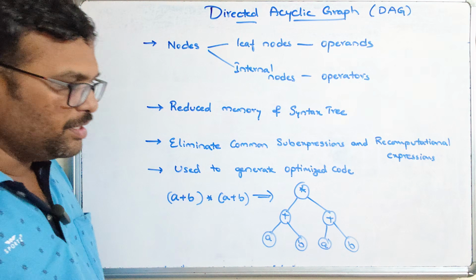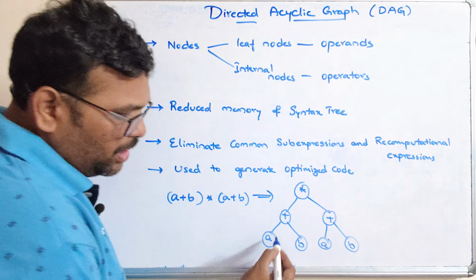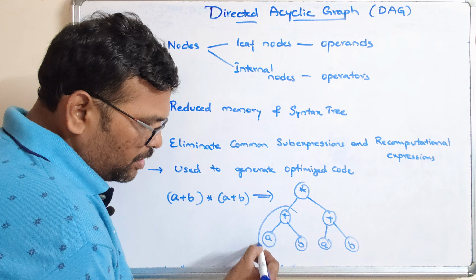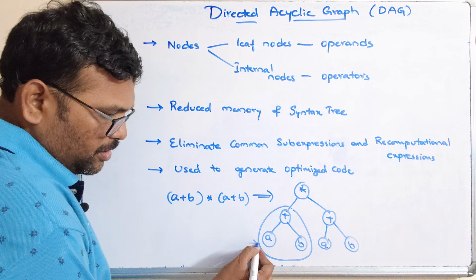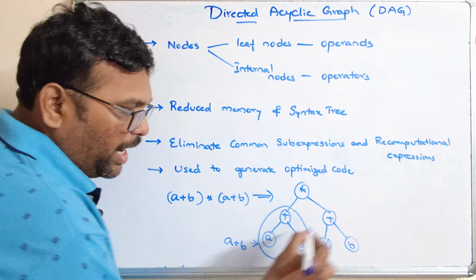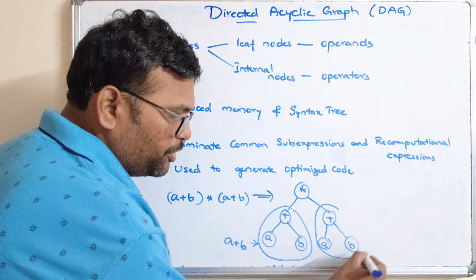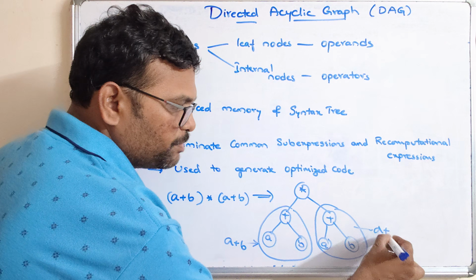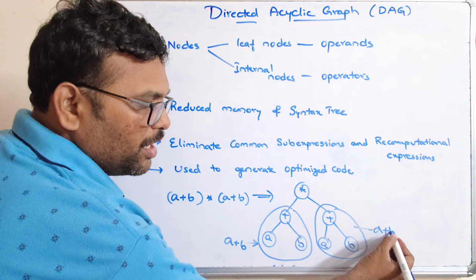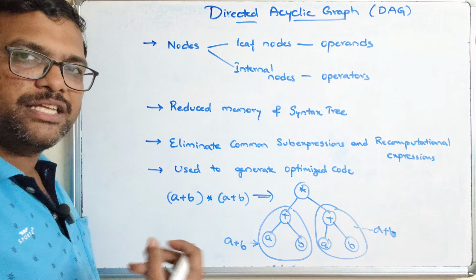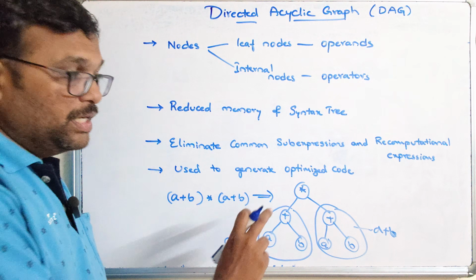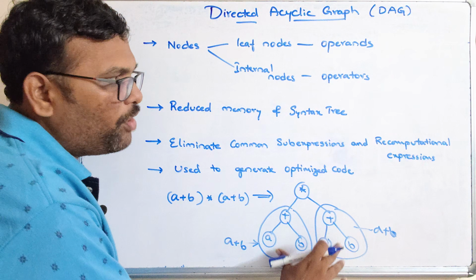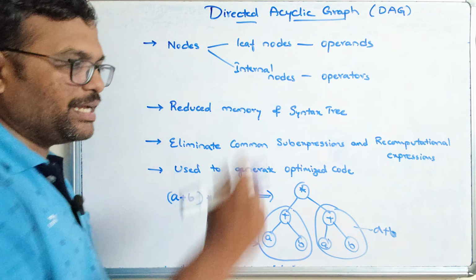One thing you can observe here is that this term is a plus b, and this is also a plus b. So we are performing the same operation two times; the same expression is evaluated two times. Such things can be avoided in the directed acyclic graph.